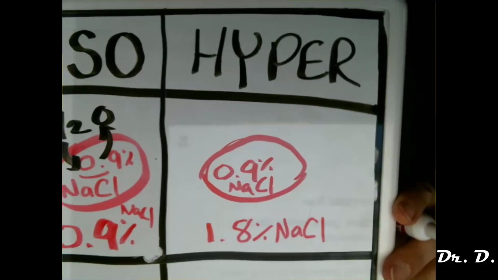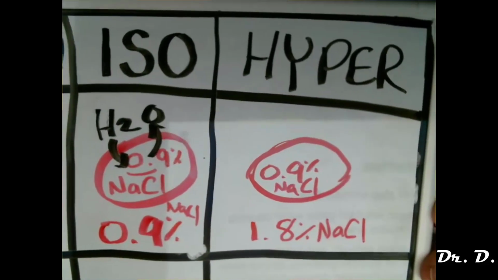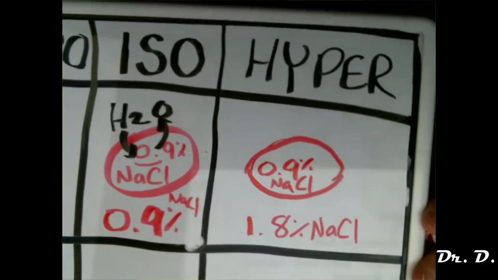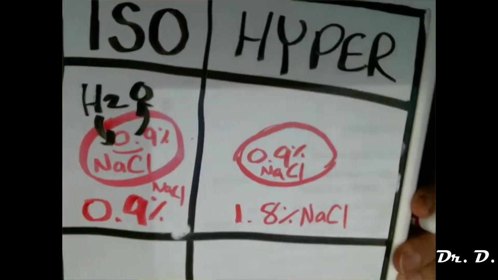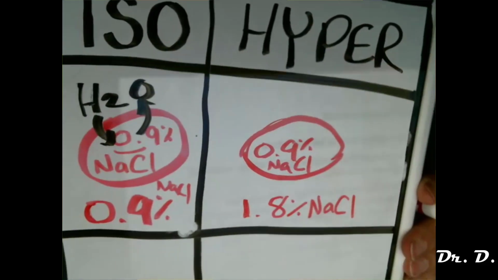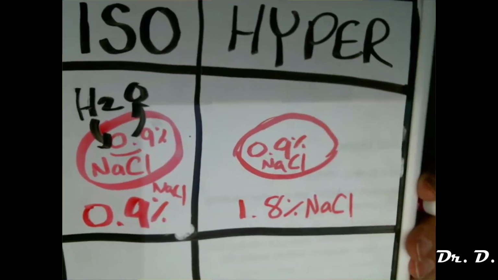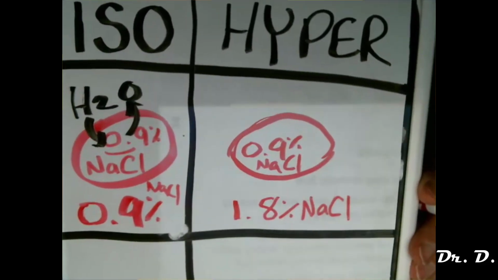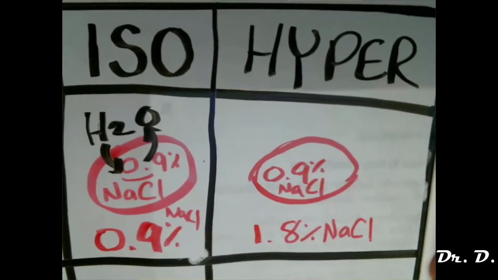So what can cross the cell? Can the salt cross the cell membrane? No, water crosses. So now you have to ask yourself, where is the water concentration high? Not where is the salt concentration high. Here's a hint: wherever the salt concentration is higher, the water concentration is lower.